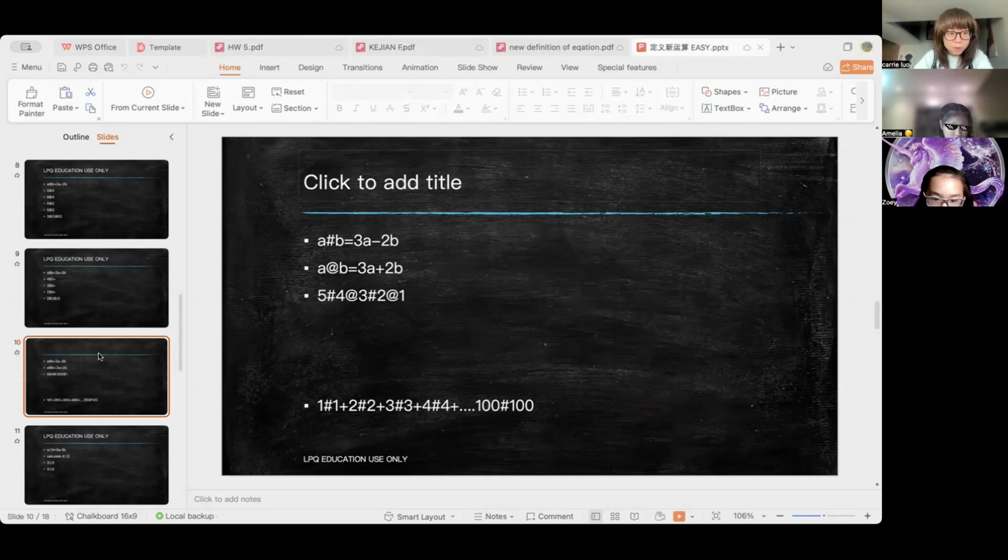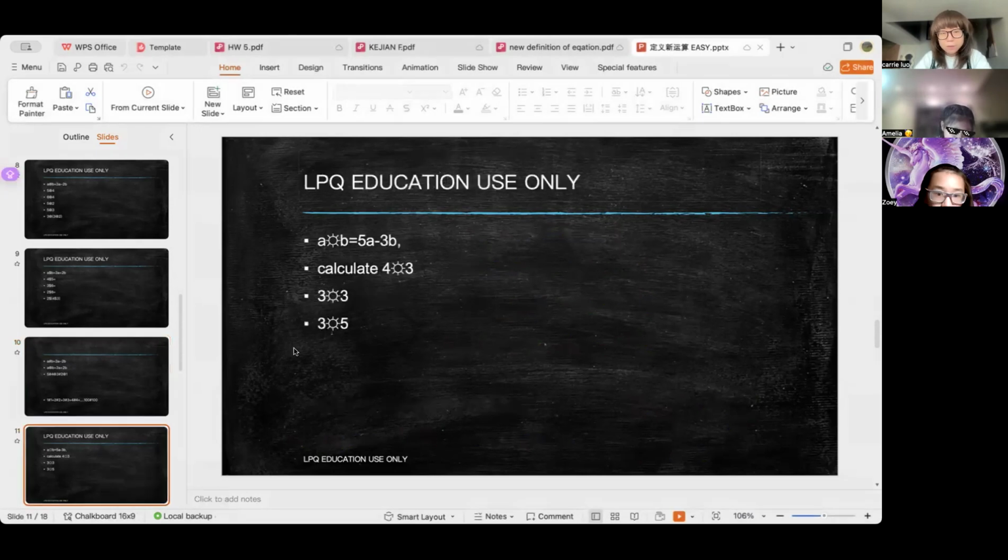Okay, so let's move forward. Let's take a look at this one. This one's very easy, but the symbol became a little sun, right? So let's take a look at this one.